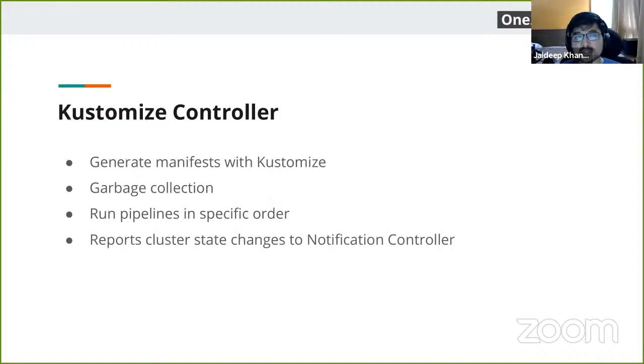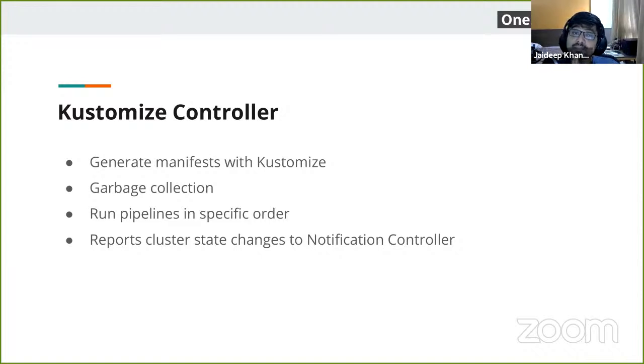Then second is kustomize controller. Flux is heavily dependent on kustomize for creating those overlays, and kustomize controller is responsible for generating manifests with kustomize. It does garbage collection. So in case you remove, let's say, a Helm chart from your Git repository, it will ensure that it gets reconciled and removed, and all the reconciliation for the state is taken care of by the kustomize controller.